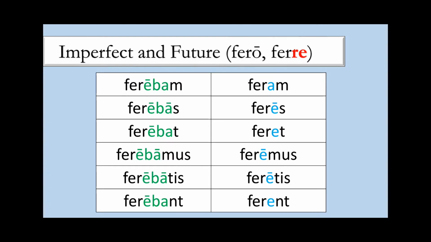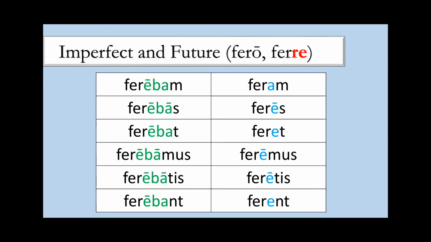So, to make the imperfect and future of fero, ferre, simply follow the same steps we did for the third conjugation. Number 1, go to the second principal part. 2, remove the RE ending. 3, add your infix. And 4, add the ending.